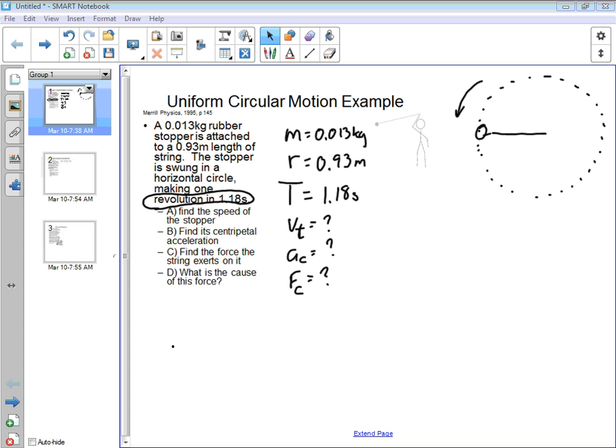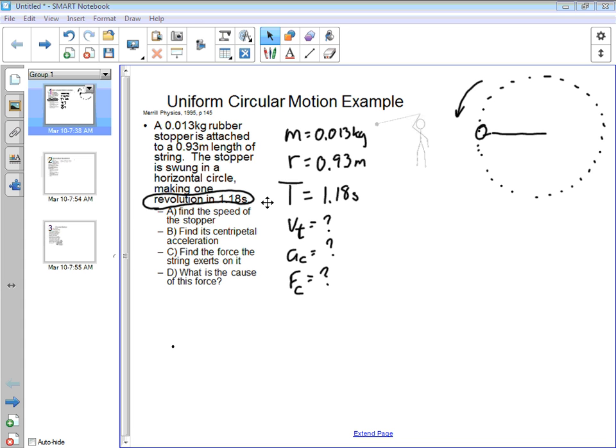Okay, so I have drawn out the basic information from here. I've got my list of variables written out. Got my mass, got my radius, and got my T. That's my period. It says it makes one revolution in 1.18 seconds. Remember, folks, it's very important to be able to figure out what the period is versus frequency.